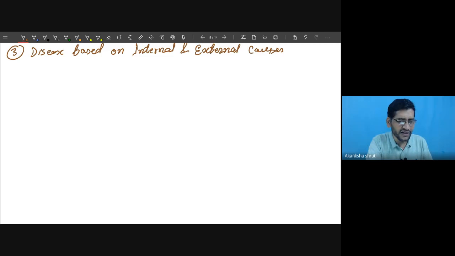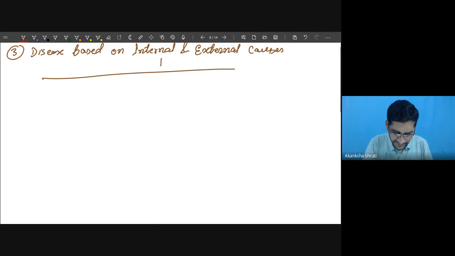Internal means which occur because of improper functioning of the body, like non-communicable disease. They are mostly because of internal factors or internal causes that develop in our body itself. External means that which occurs from the outside. Let us write this classification.